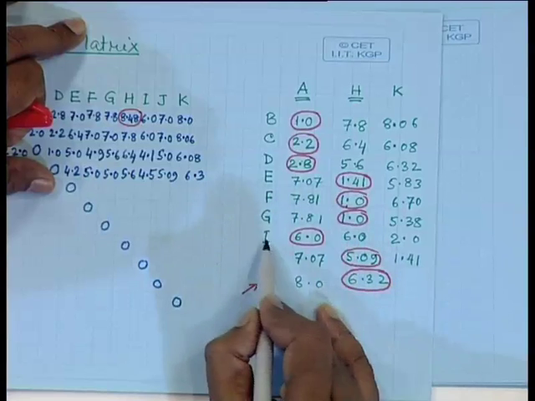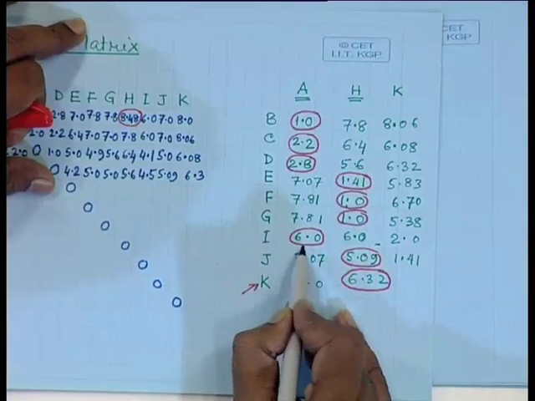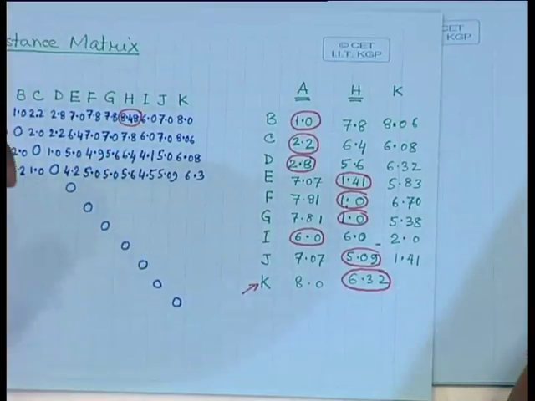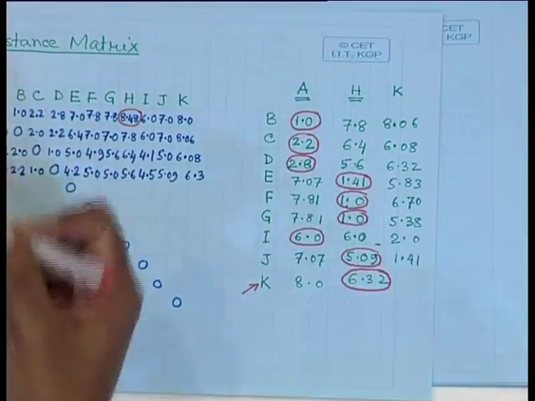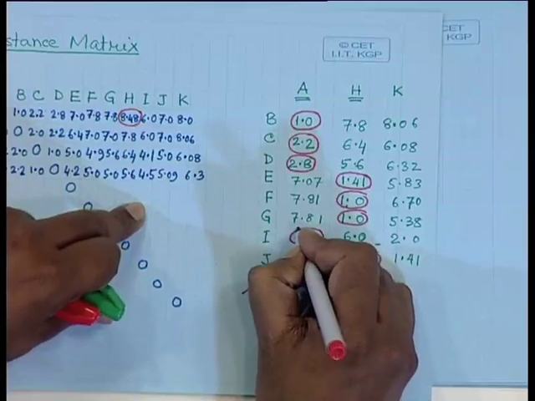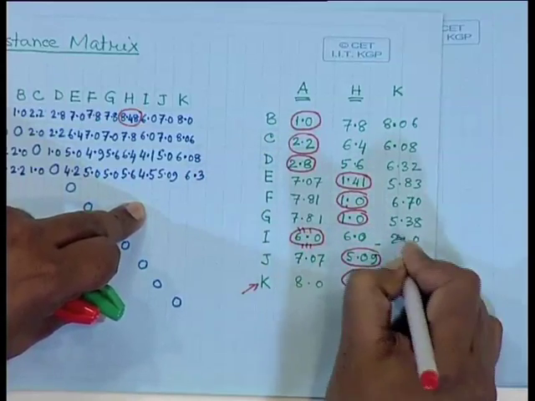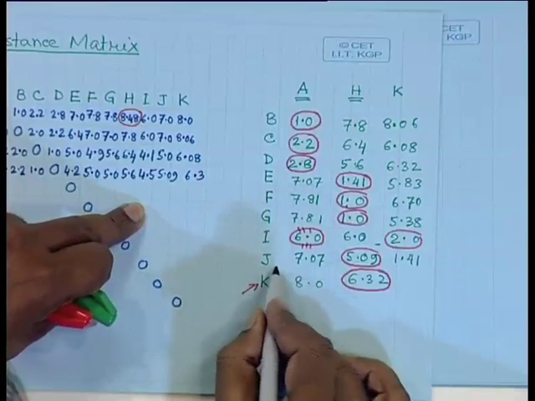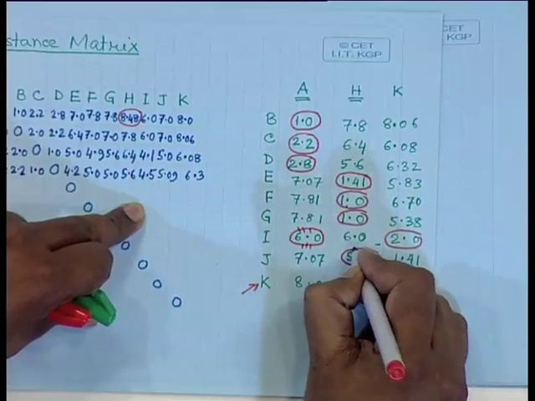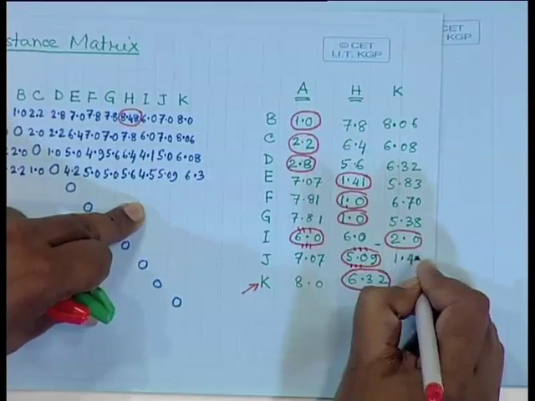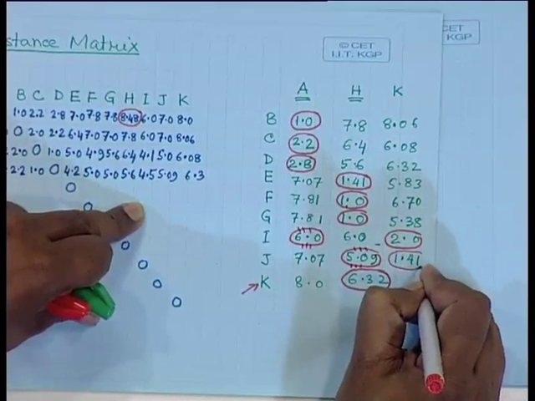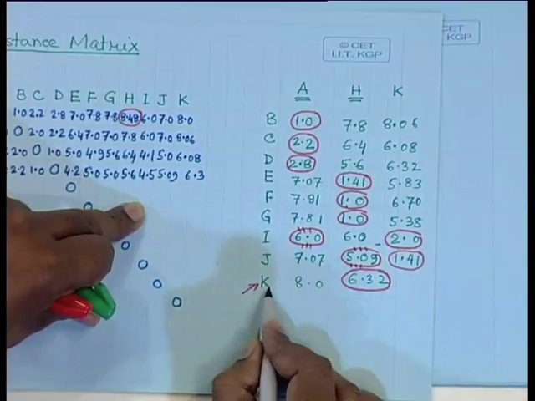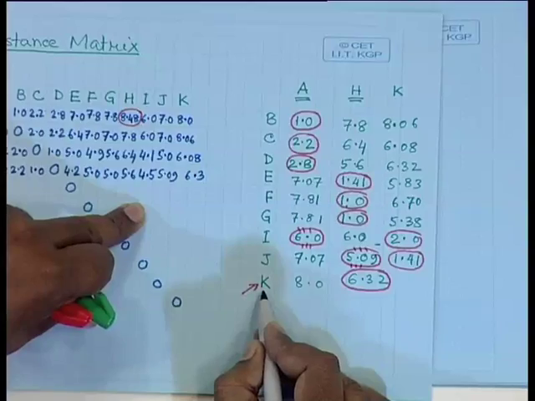Here, 6.0 is no more the minimum distance; the minimum distance is 2.0, right. Similarly, over here the minimum distance is 1.41. This is no more important because K has already become a cluster center.